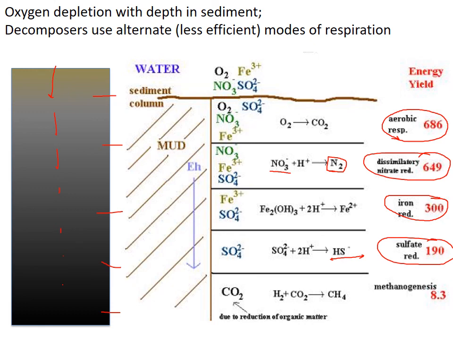And then finally, the electron acceptor of last resort is carbon dioxide, which is reduced to methane in methanogenesis. So this happens when there's no other electron acceptors available in the most anoxic zones of the sediment.